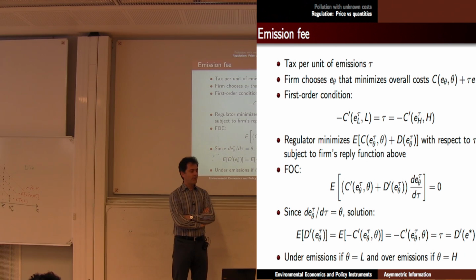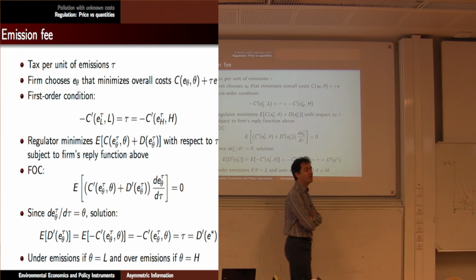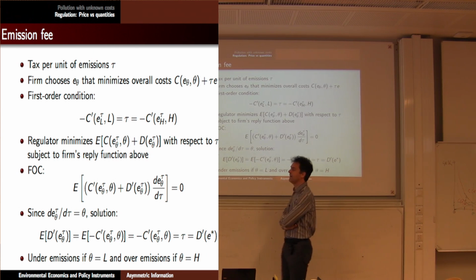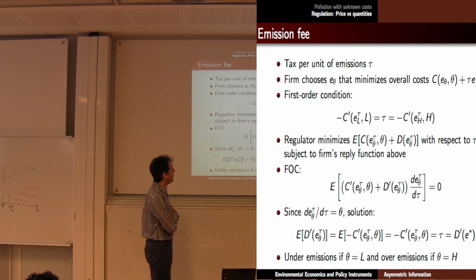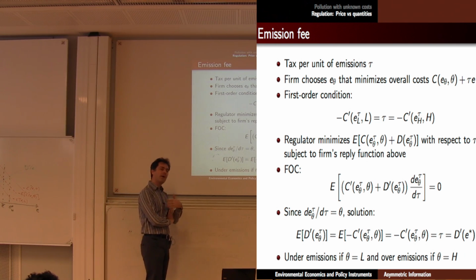And this paper compared the central planning of the Soviet Union to the market economy. The quantity regulation was the regulation by central planning in communist countries. And the tax regulation was the price in the market economy.